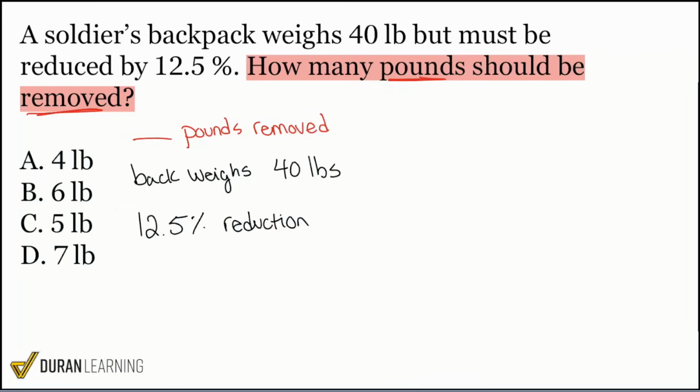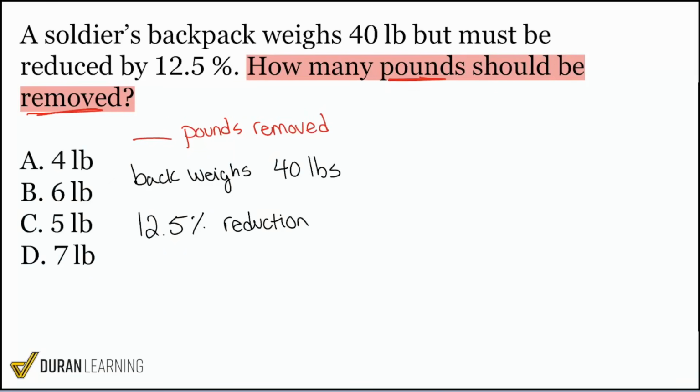Which two words that I've written on the screen mean the same thing? Hint, hint, they both start with R. Yeah, removed and reduction. These mean the same thing, everybody. If I'm trying to reduce by a certain amount, that means I'm removing a certain amount. Before I continue, does that make intuitive sense? Removing and reducing in this sense, in this problem, they mean the same thing.